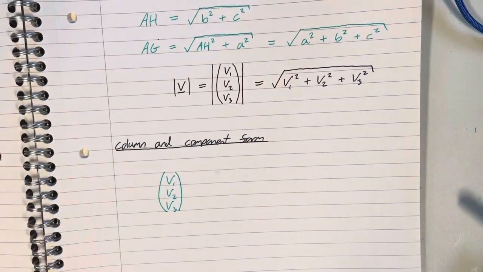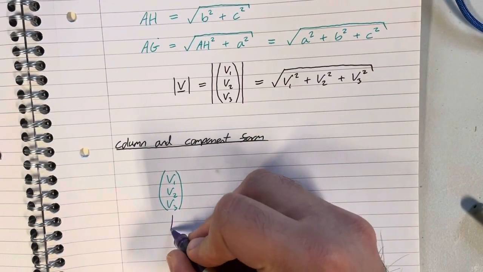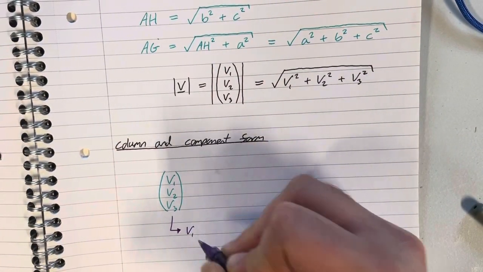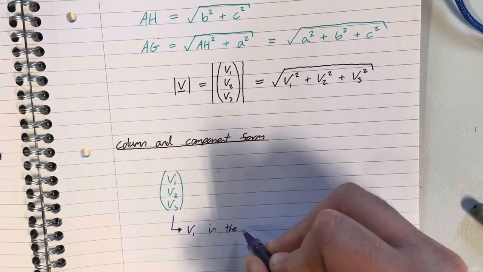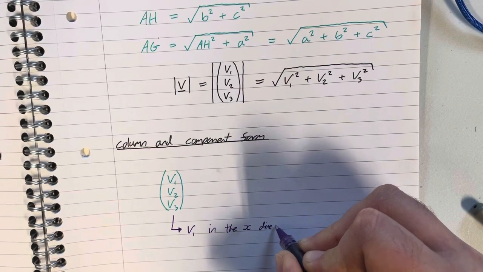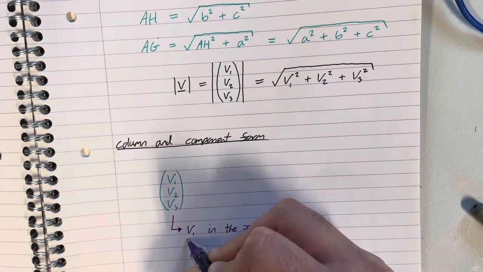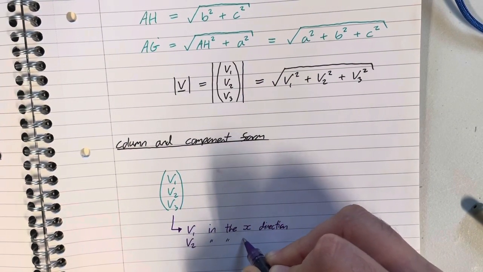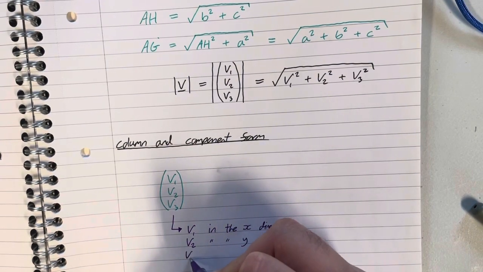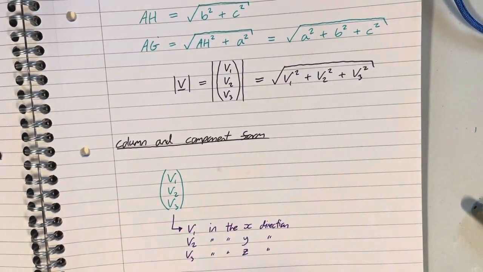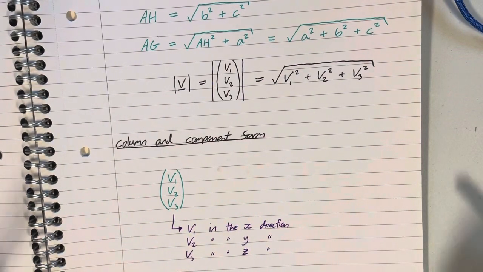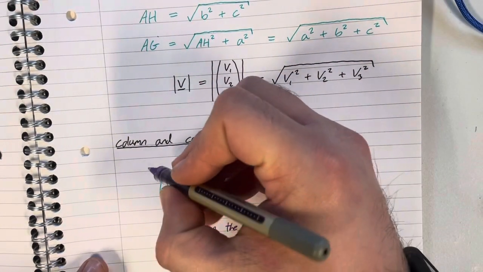This is V1, whatever number that is, in the X direction, V2 in the Y direction and V3 in the Z direction. And that's what we would refer to as column form.